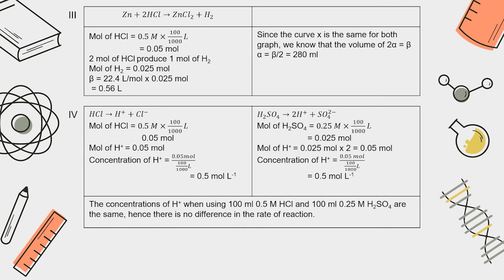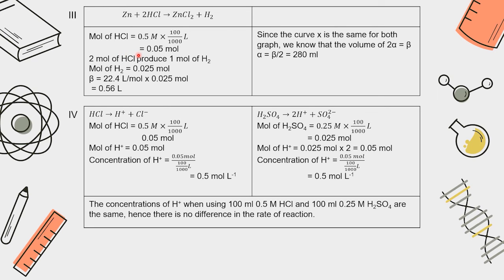Moving on to the third part, we have to calculate the value of alpha and beta. So first, we write down the overall reaction for zinc reacted with hydrogen chloride to form zinc chloride and hydrogen gas. Then we calculate the mole of hydrogen chloride and we get 0.05 mole.